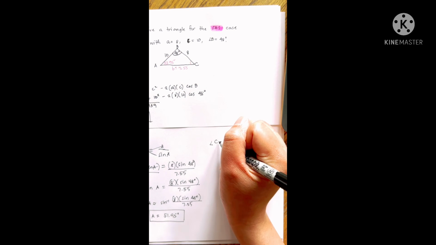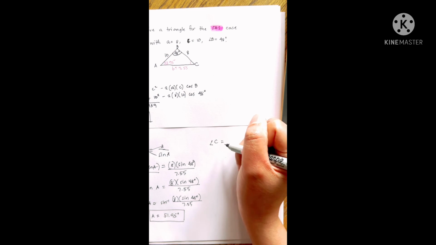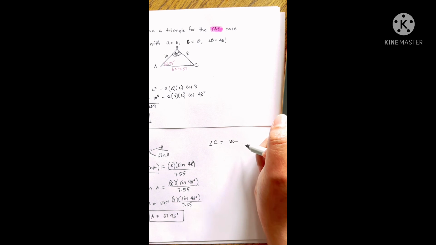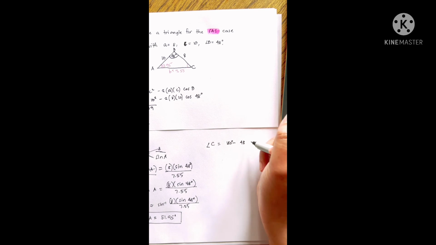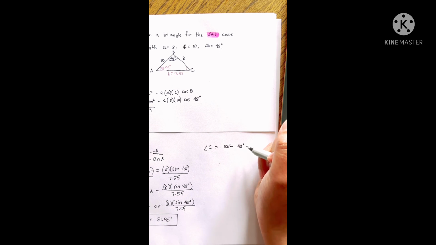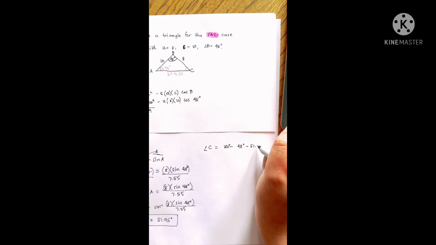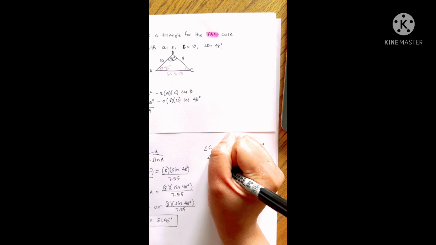And then to find C, we simply subtract the two angles from 180. Okay, let's use this space over here. So angle C is 180 degrees minus 48 degrees minus 51.95 degrees.